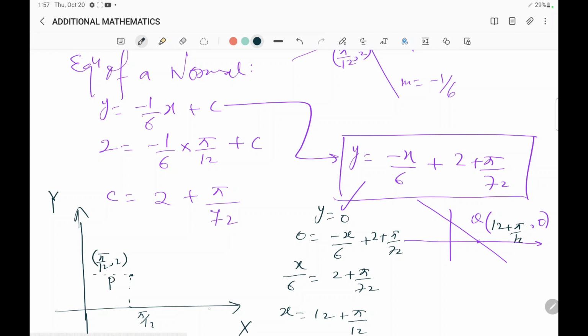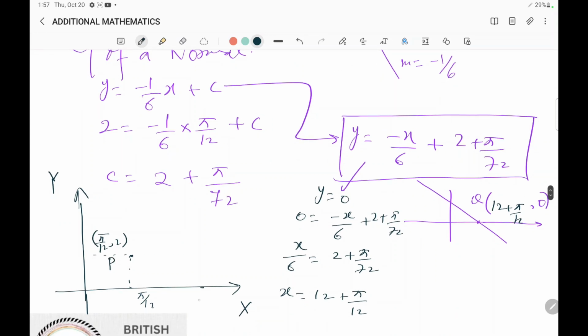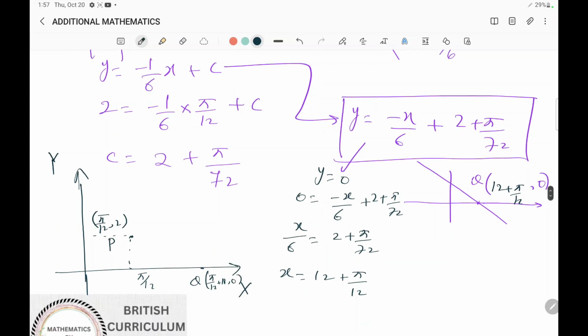Okay, where is point Q? Point Q will be here, because it is pi by 12 plus 12 comma 0. Okay, this is point Q. And this is point P, and PQ is the normal, right?